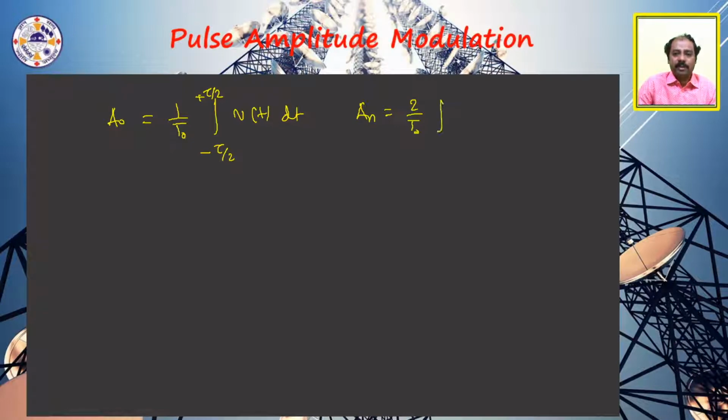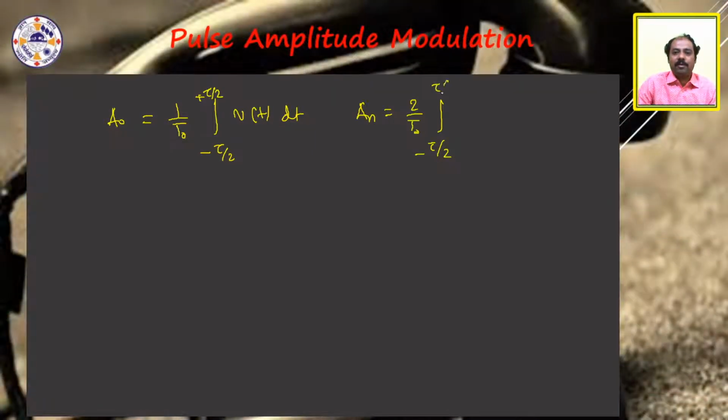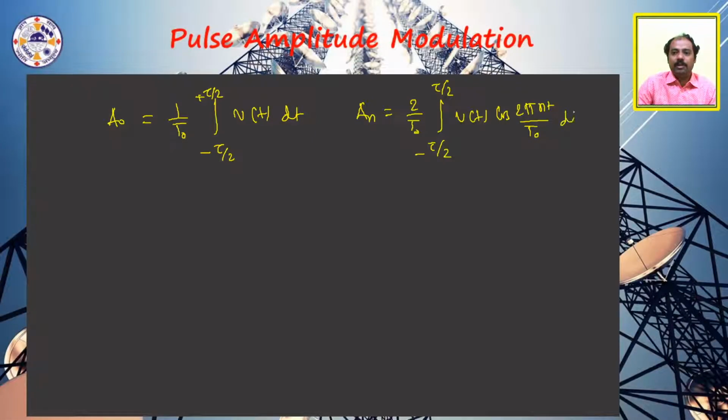You just replace the functions in terms of time scale. Okay, minus tau by 2 to plus tau by 2 v function of t cos 2 pi nt by t0 into dt. Fine. This expression is in the time scale.